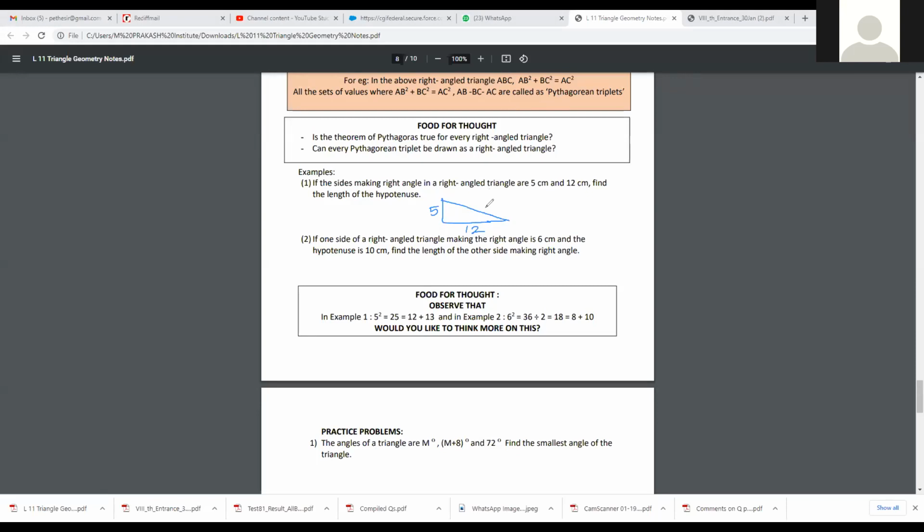Okay, so now AB square plus BC square is equal to AC square. This is what is Pythagoras.